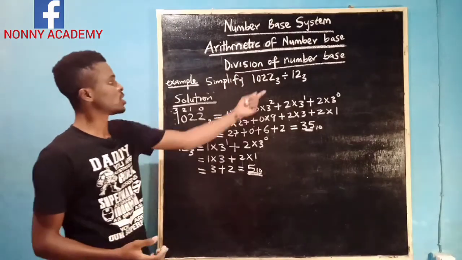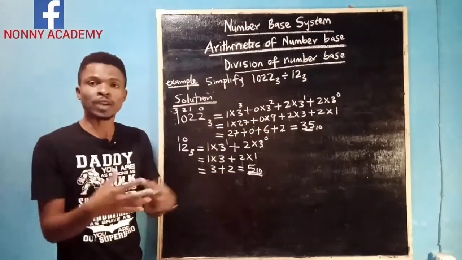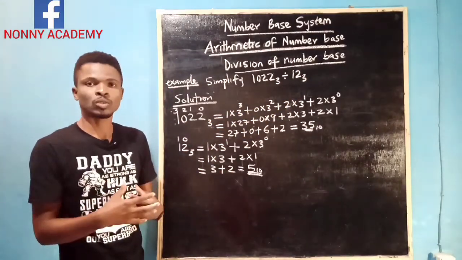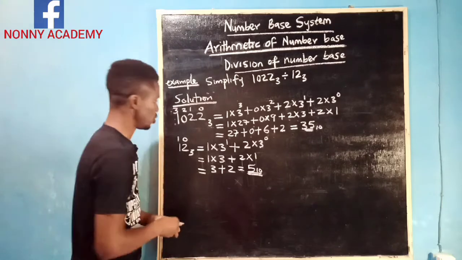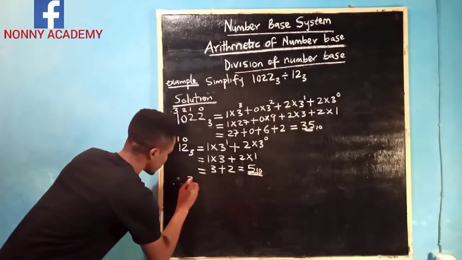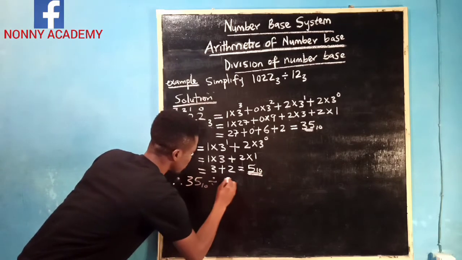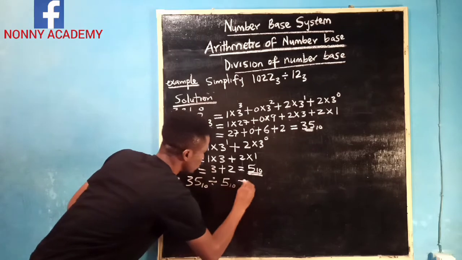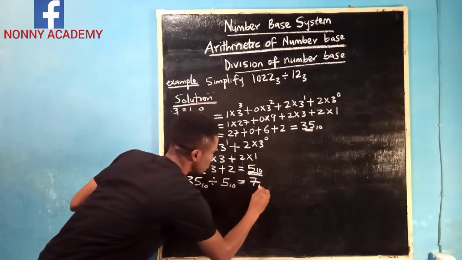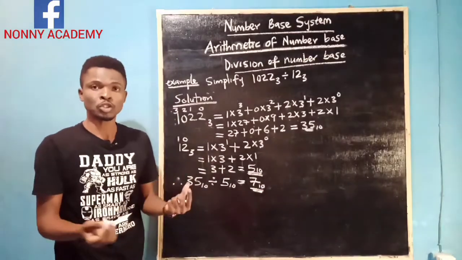Since I've converted this to base 10 and also this to base 10, then I will divide both answers in base 10 together. Then I will have this one, 35 base 10 divided by 5 base 10 will give me 7 base 10. This is normal division.